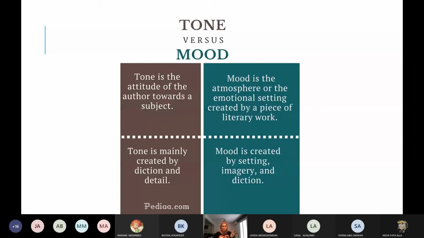Mood is the atmosphere or the emotional setting created by a piece of literary work. So when you read it, the mood here is relieving, calming, tranquil, serene. Why? From the tone, because the tone of the author was meant to be this.